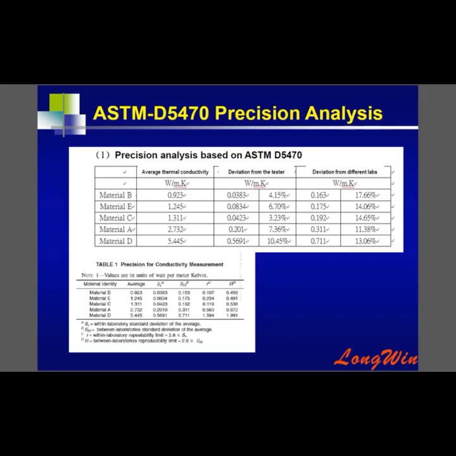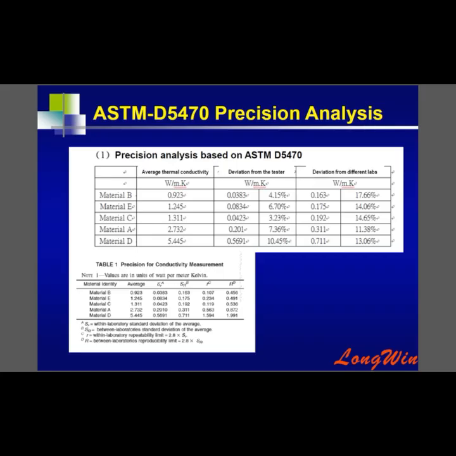There are 5 materials at different laboratories, and the standard describes the deviation of the test samples and the apparatuses from different manufacturers, even though all of them claimed to follow ASTM D5470, but the deviation of themselves could be 4 to 10%.